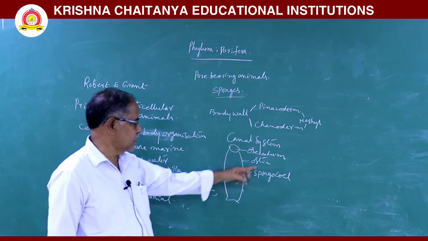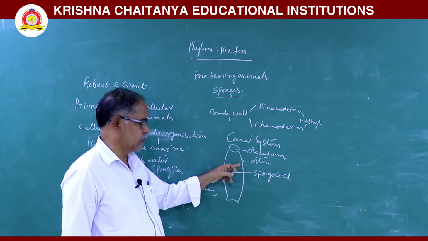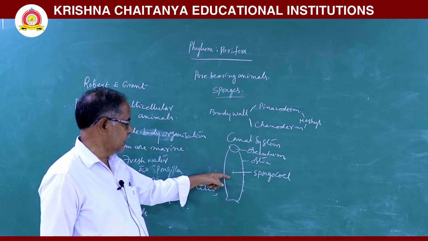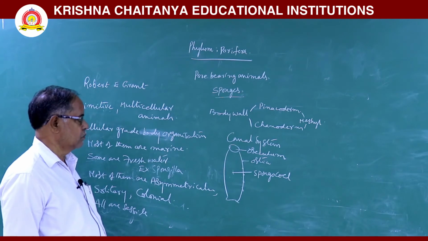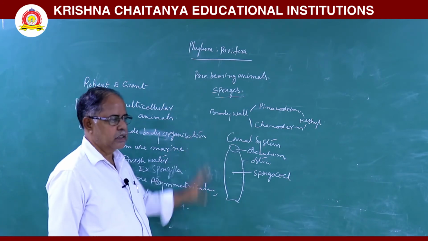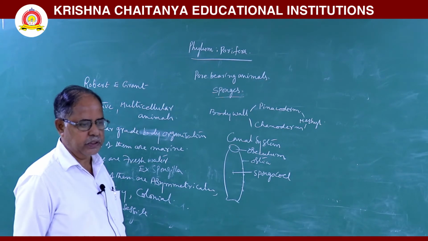So the water currents enter into the spongocele through the ostia. Next, this water current goes out through the osculum. This is a canal system. This canal system is used for gathering food, nutrition.